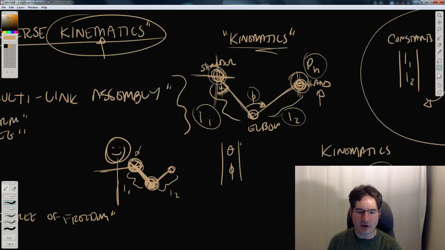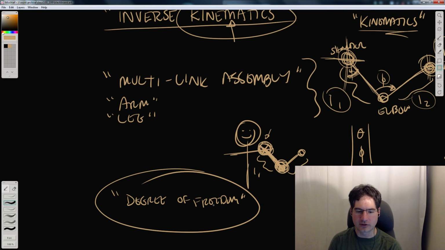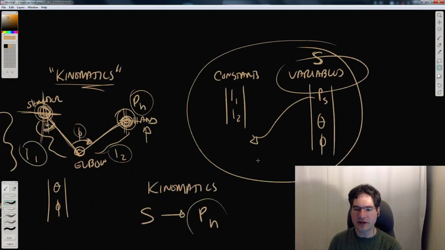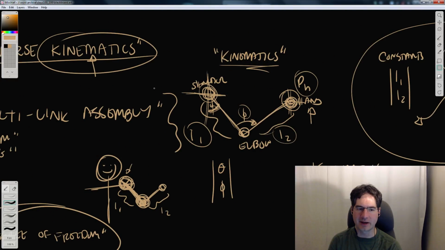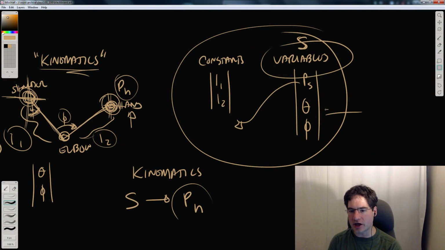Okay? Now let's talk about this right here, degree of freedom. Degree of freedom is the term that's used in this nomenclature really to talk about this state vector, right? However many scalars, right?